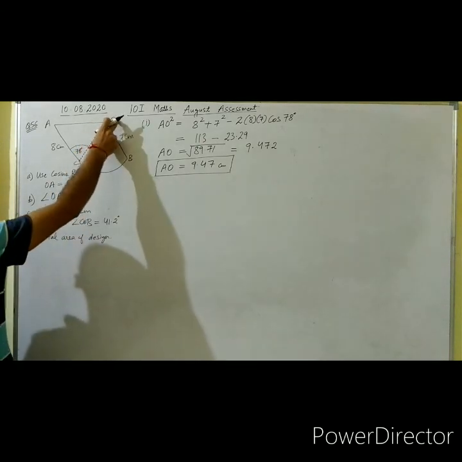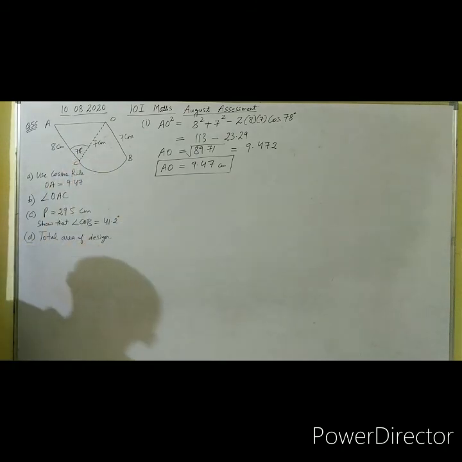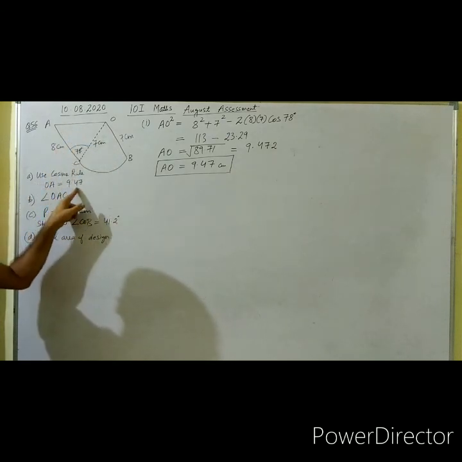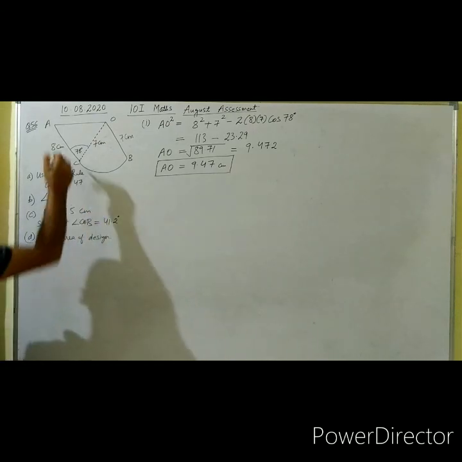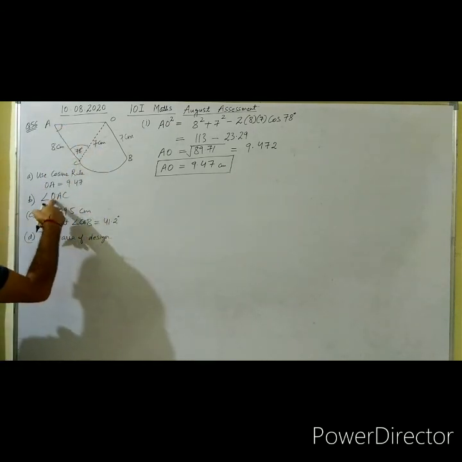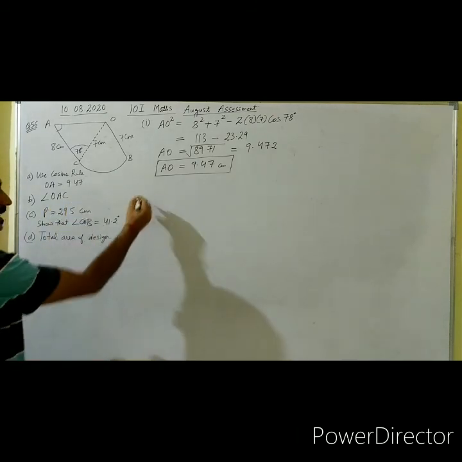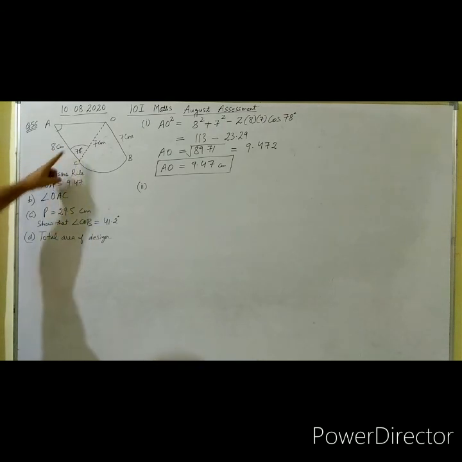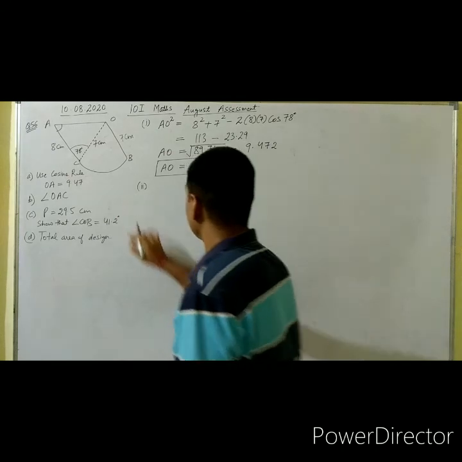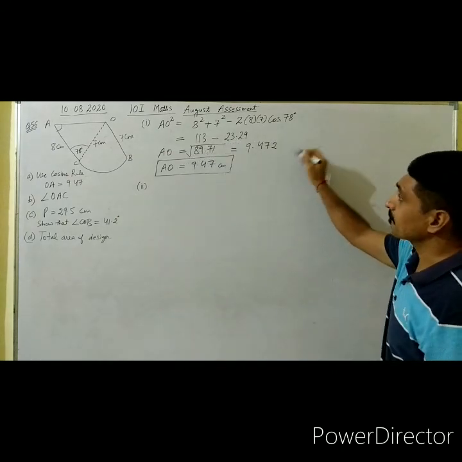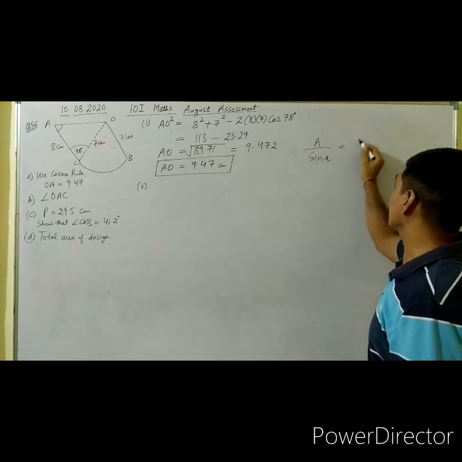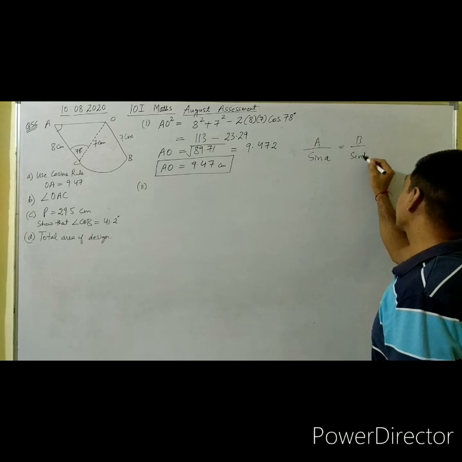This is OAC, right? So here we have again the sine rule, 78 degree, OA is 9.47, and let this angle be the same angle OAC. So for the second part, we can go for the sine rule. For the sine rule we know that A upon sine of A is equal to B upon sine of B, right?